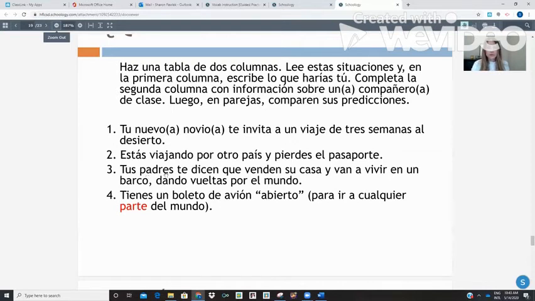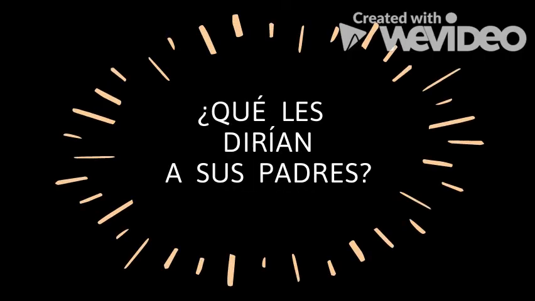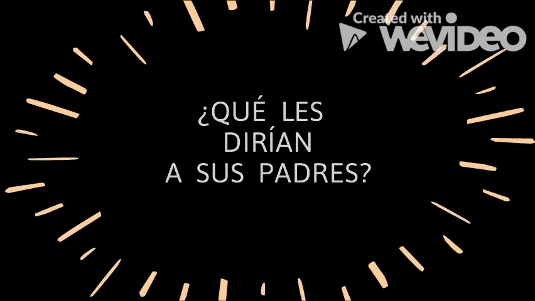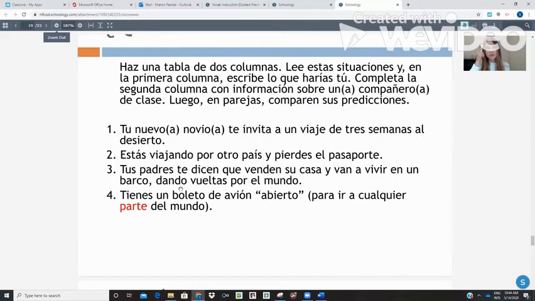Número 3. Tus padres te dicen que vendan su casa y van a vivir en un barco en el agua dando vueltas por el mundo. Clase. ¿Qué harían o qué les dirían a sus padres sobre esta decisión? Piensa por un minuto.